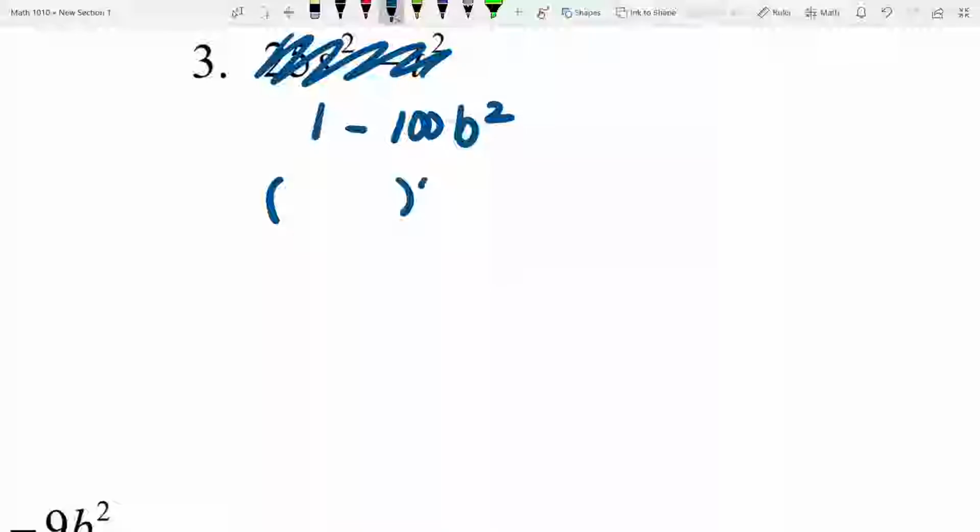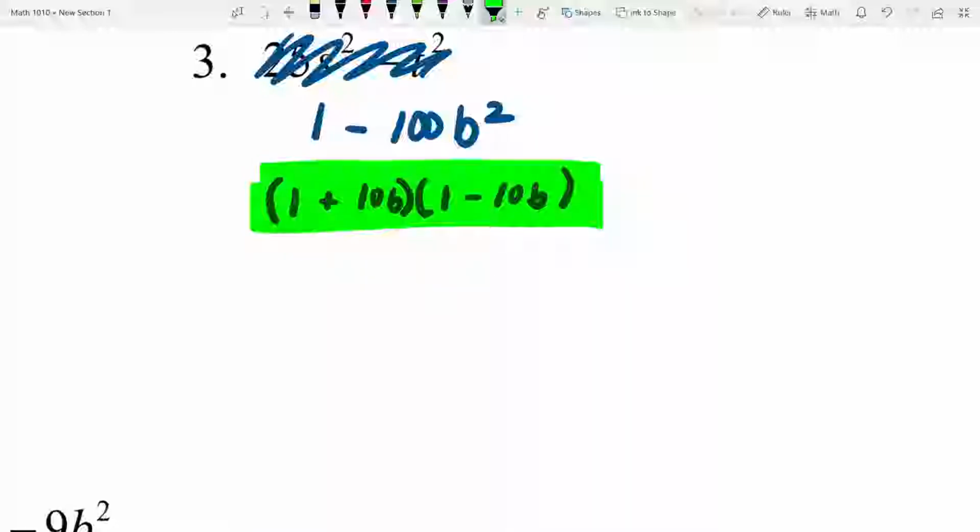It's so simple. What to the second gives you 1? A 1. Put in ones. One's a plus, one's a minus. Everybody in the room tell me, what to the second gives me 100? 10. But it's not just a 10. What's got to go with the 10? A b. Good. Now just highlight or box that answer and don't write anymore, but I want you to listen.